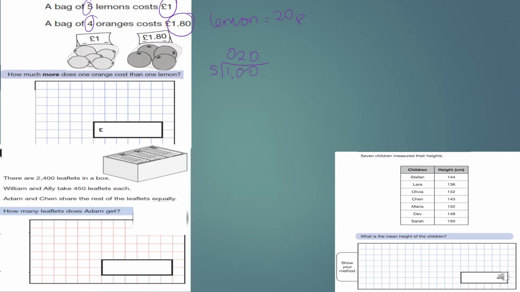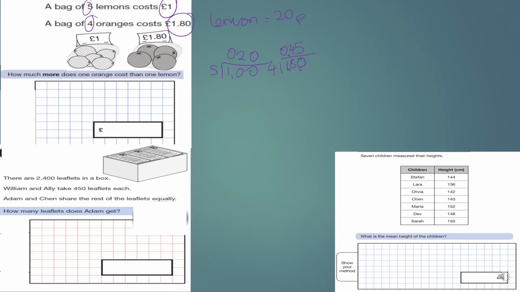Then oranges, £1.80. Oops, decimal point in the wrong place. So £1.80. And that splits between 4. So 4 doesn't go into 1. 4 goes into 18 4 times and 2 left over. And 4 goes into 20 5 times.